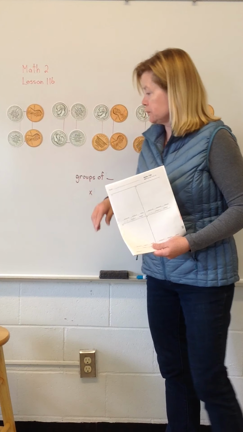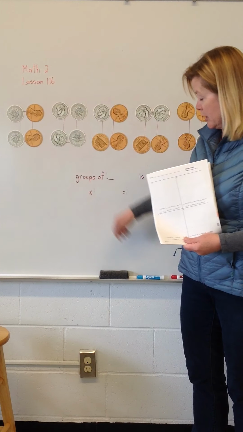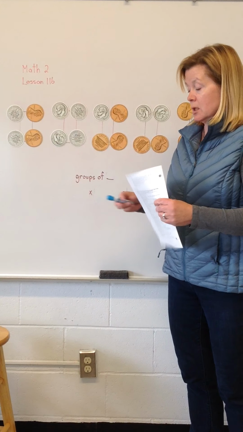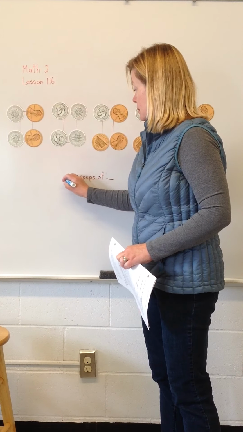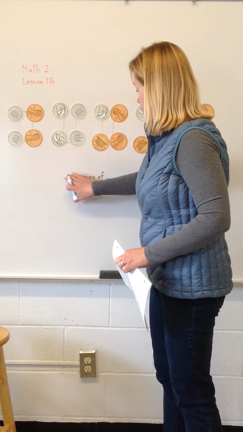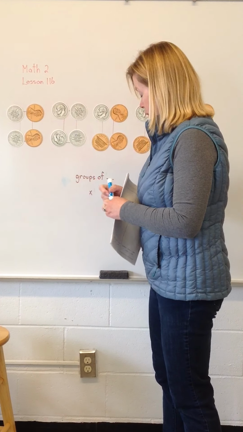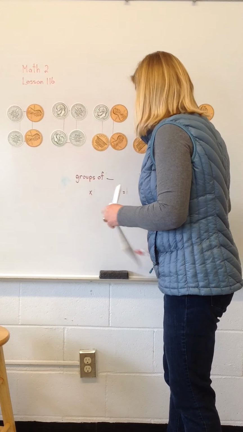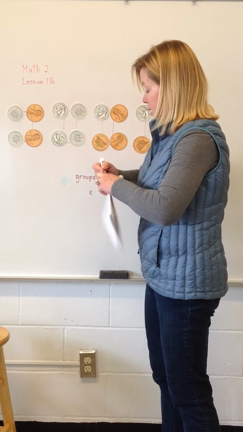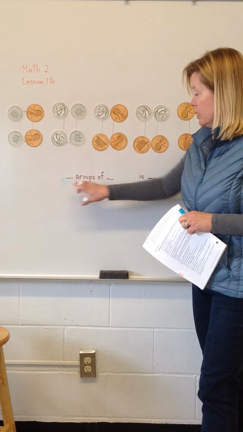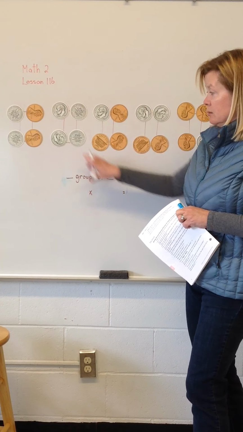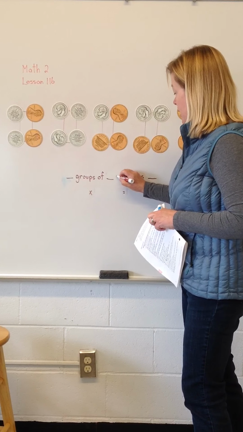All right. Take a look at the bottom of your page. You have some blanks to fill in. Oh, I should make that the other color, shouldn't I? I'll use the blue to write in the answer. Okay, so I have blank groups of blank, and these are wheels, and that's what it says on your paper.